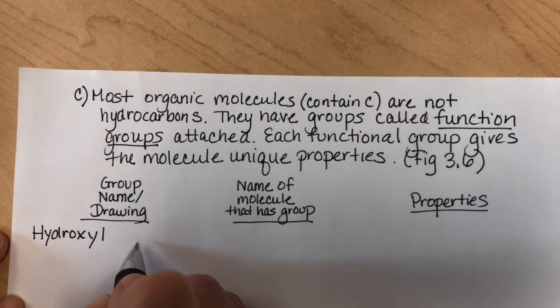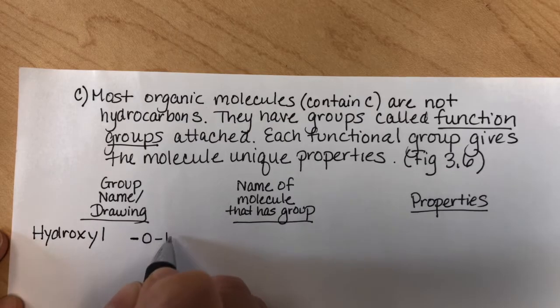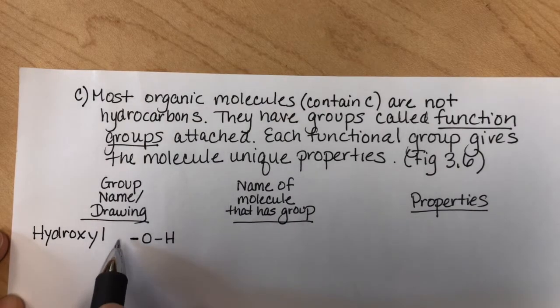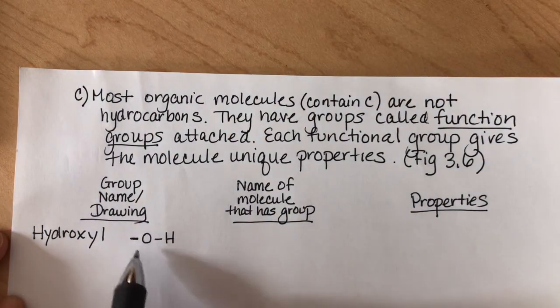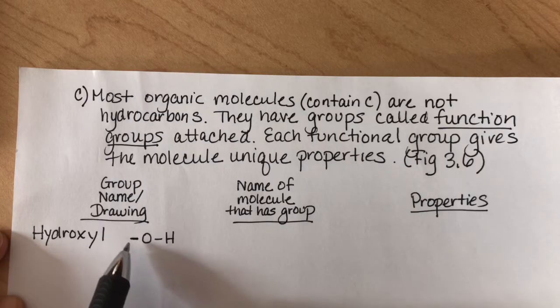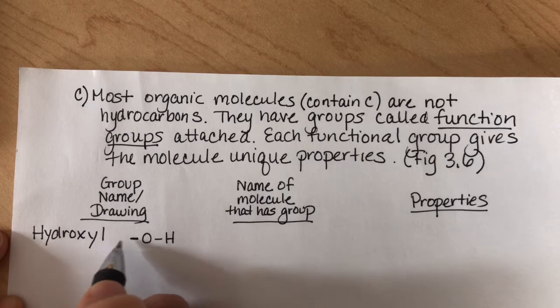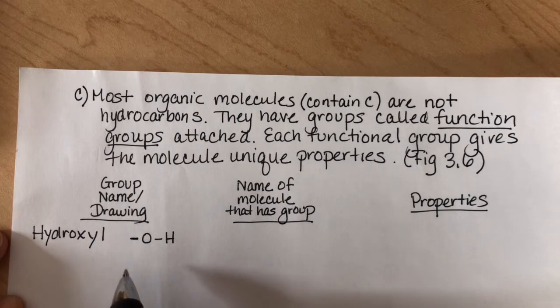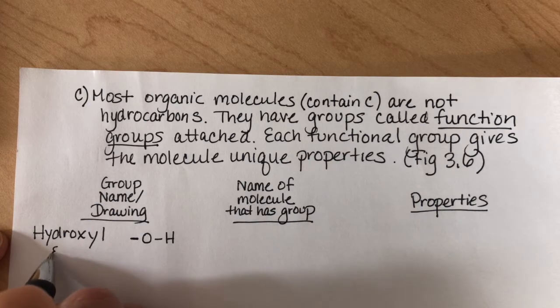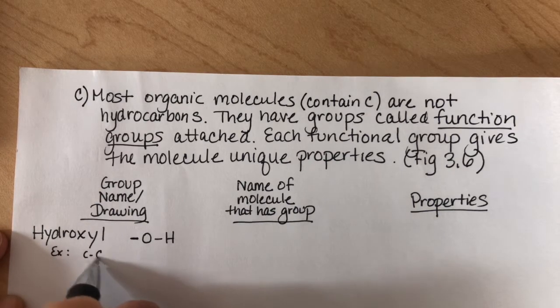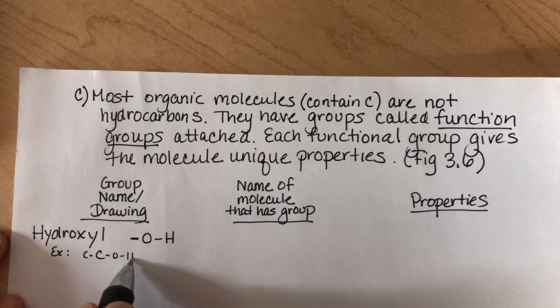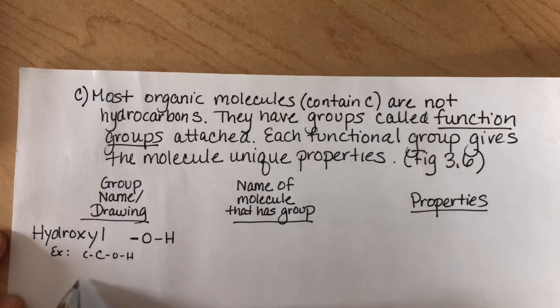So what that looks like is I'm going to draw a line, which represents a bond, an O and an H. What that means is that this group would be attached to the rest of the molecule. So there would be the rest of the molecule over here. So it would be coming off of that. I could have, for example, 2 carbons like this and an OH off of it, and then there would be H's coming off of the rest of those. So that's what I mean.